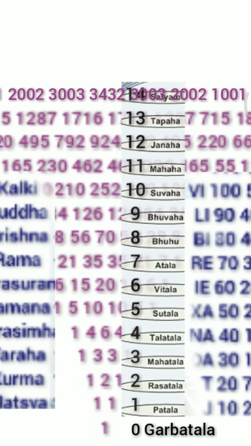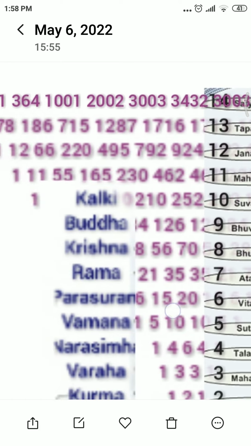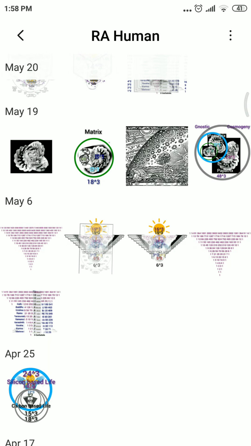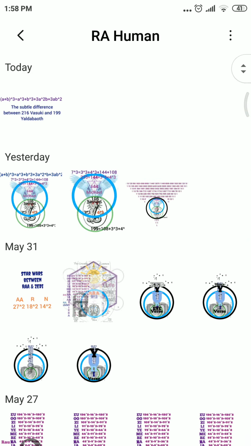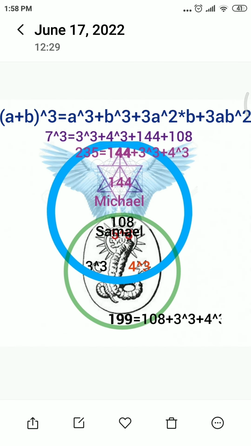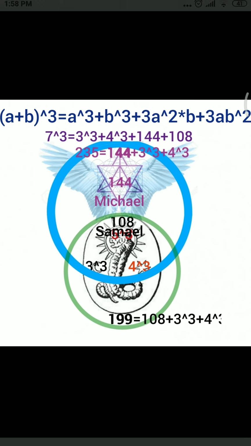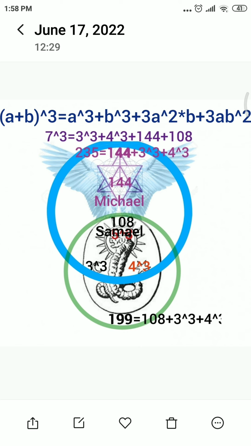Here, if you look at this, this is 252. 252 is Kalki. He brings order, they say. So that is what the sum of these two is.